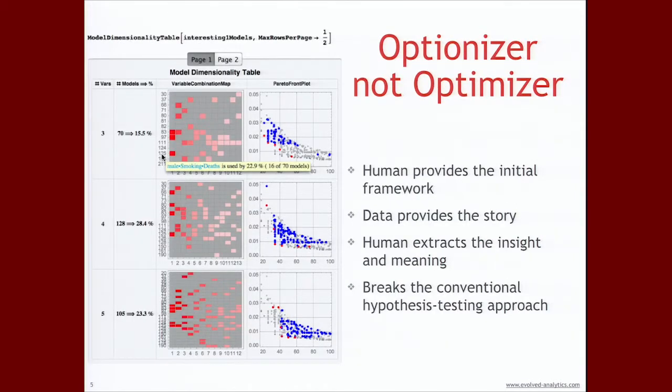So the process is an optimizer, not an optimizer, in the sense that, rather than being in the conventional analysis mode of hypothesis, test hypothesis, new hypothesis, cycling through, where the human is providing all of the sequence of hypotheses, we provide a framework. We say which variables should be included as a general rule, very loosely define what data is available, and then let the evolutionary process filter this down and isolate, build the models and select the variables.